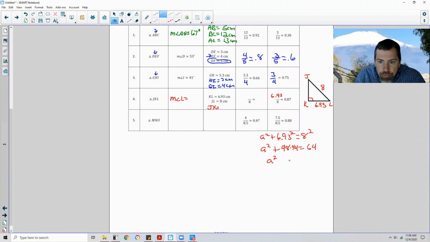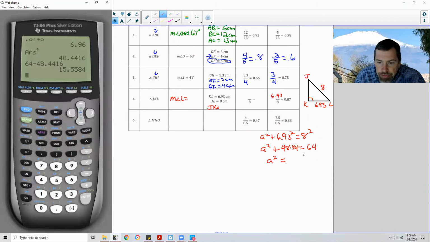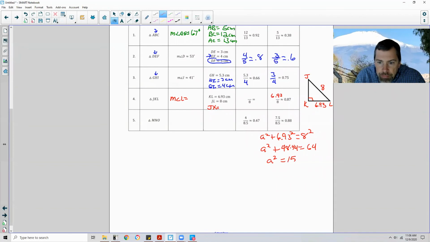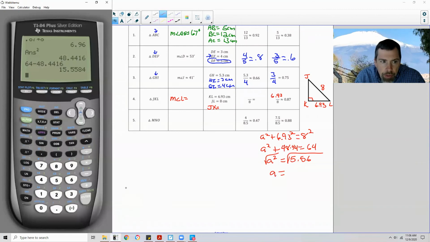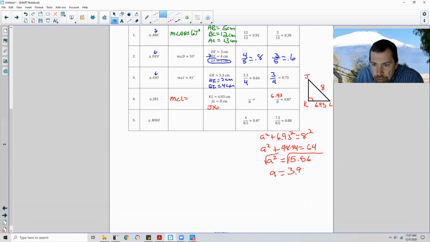Then I subtracted 48.44 from both sides and got 15.56. Take the square root of those and I get A to equal, and I go square root, second answer, enter, and I get 3.94 approximately.